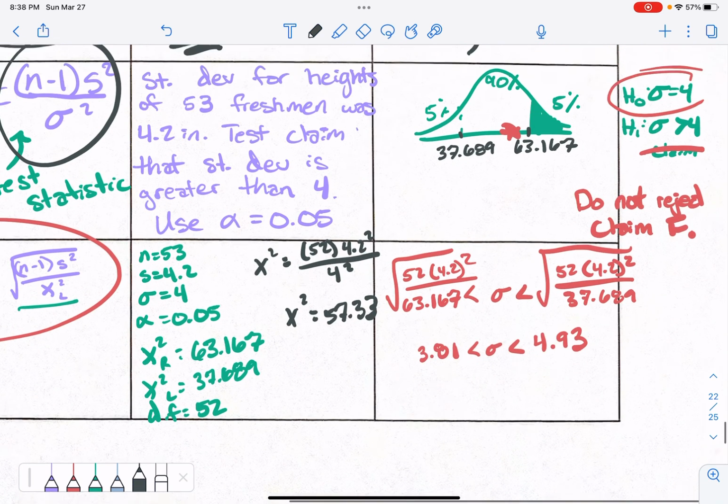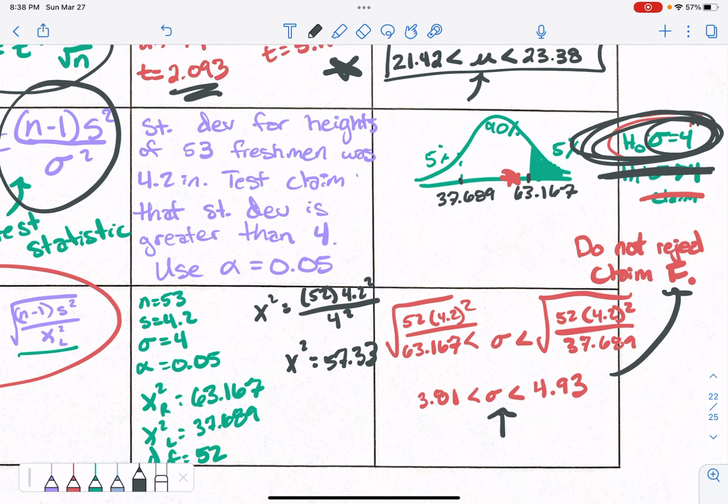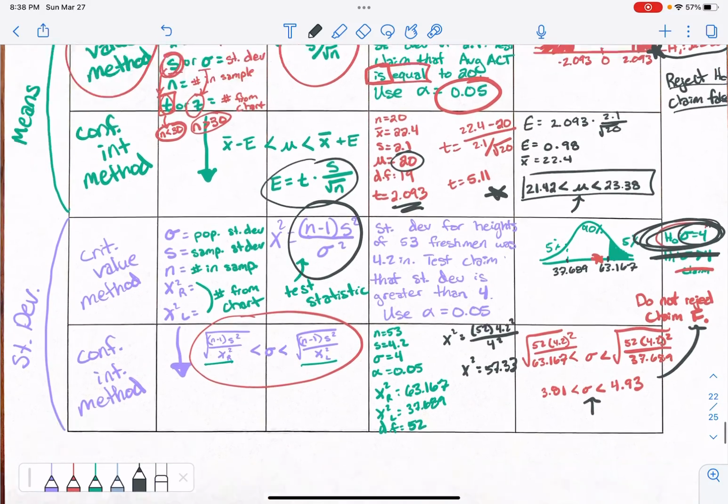And what we're comparing is this number, which is 4, and 4 does in fact live in there. So we're not going to say that it's greater than, we're going to say that it's equal to. Same result again. Do not reject, claim false, okay? Holy cow, that was a lot of information. But that should do it for your yellow sheet.